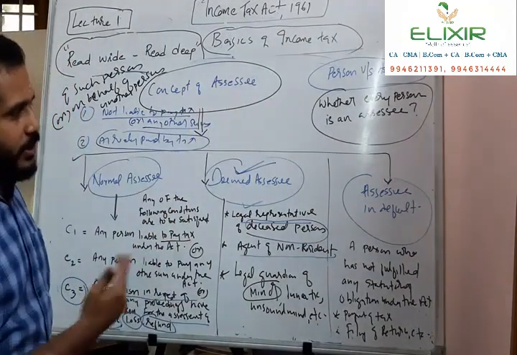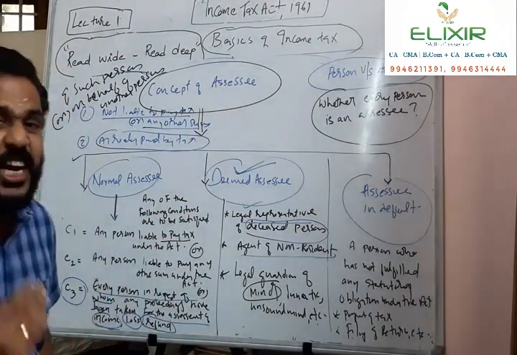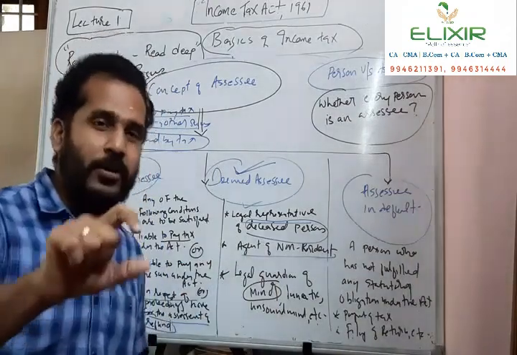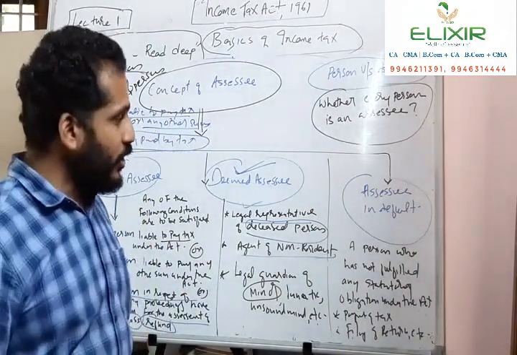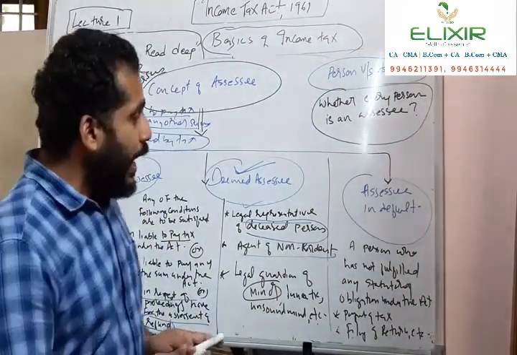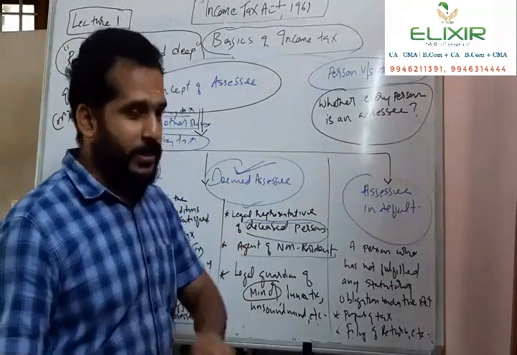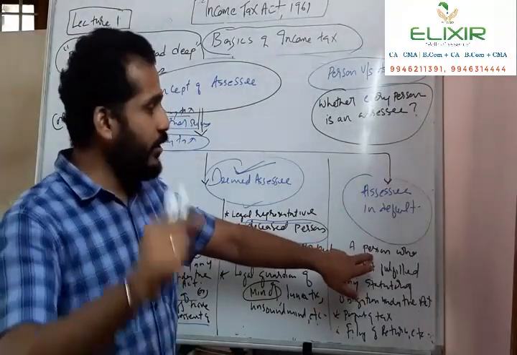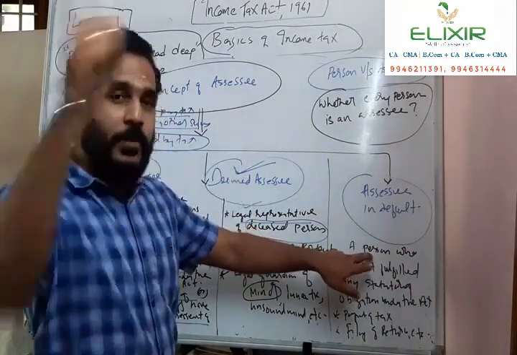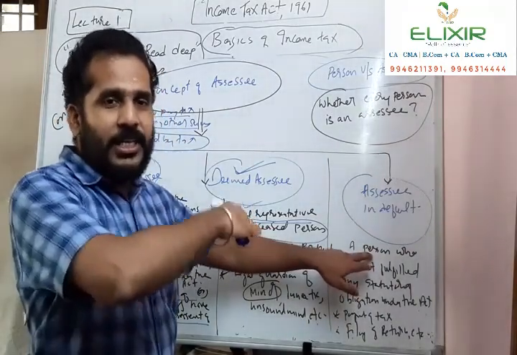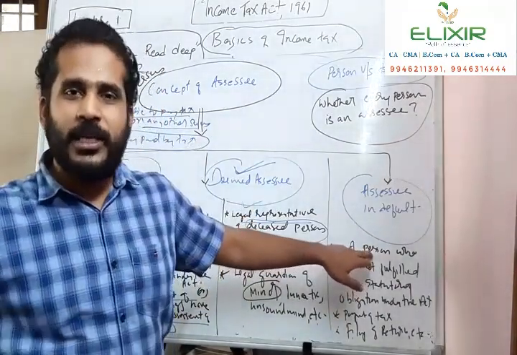Then the third discussion is about assessee in default. See, default. Okay, failure. So who is assessee in default? We are starting the term assessee from the term person. That's why the discussion of person leads to the discussion of another term, that is called assessee.